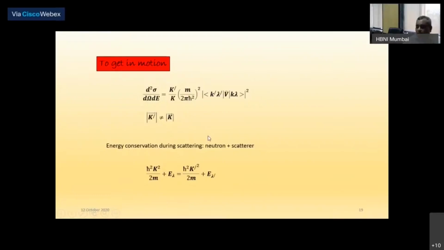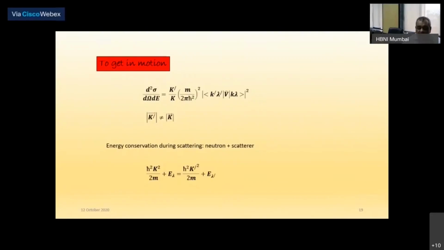I am going away from simple scattering where energy is not transferred. So the magnitude of k prime is not the same as the magnitude of k. There has been an energy transfer between the neutron and the medium. When I do that, I need to conserve energy.